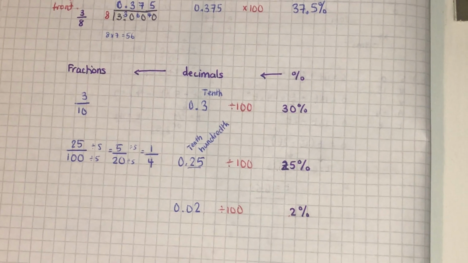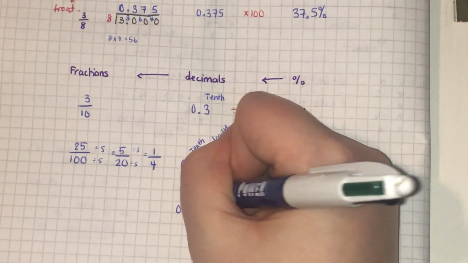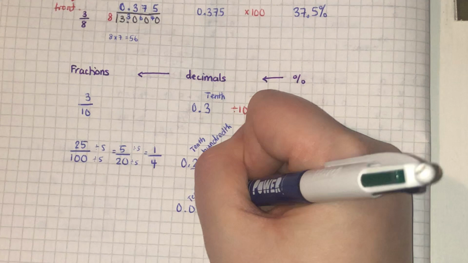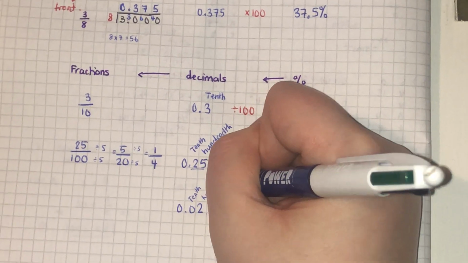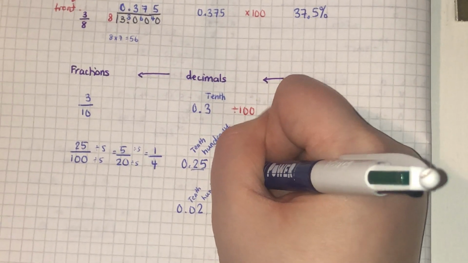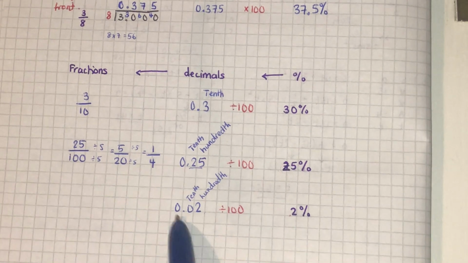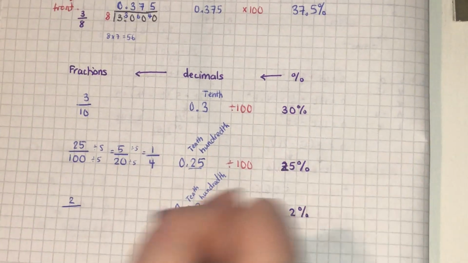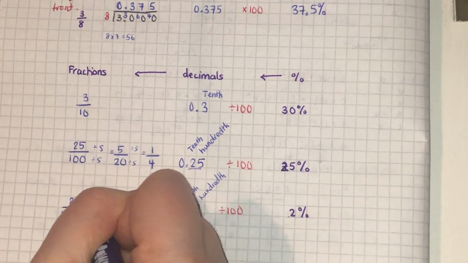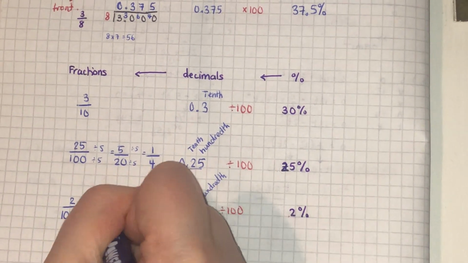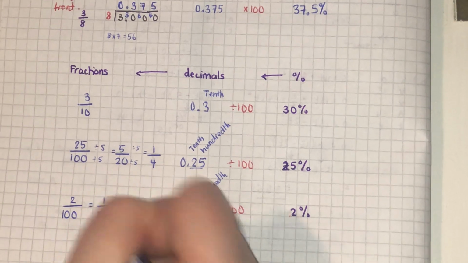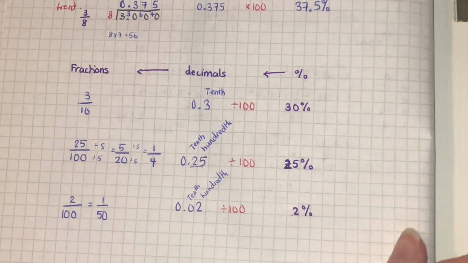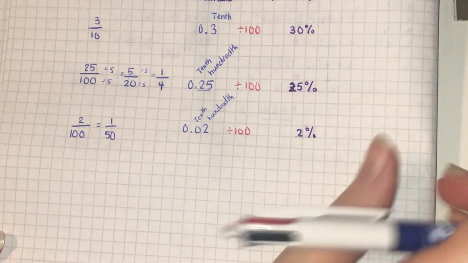Again, label the title, so you've got the tenths and you've got the hundredths. So you've only got 2 there, so it'd be 2 out of 100, because the 2 is in the hundredths column, which you can then simplify after. 1 out of 50.